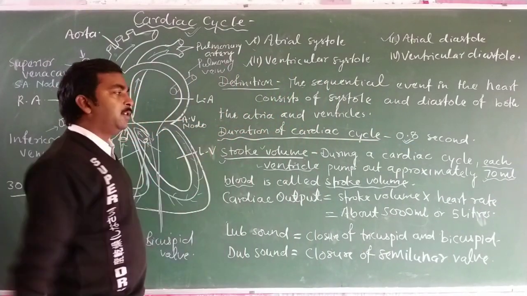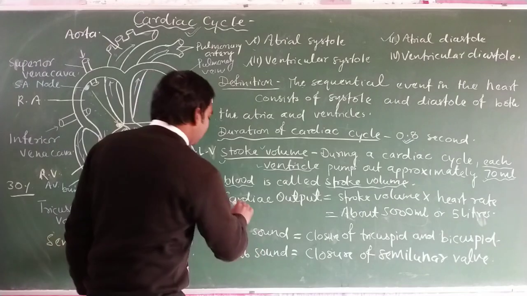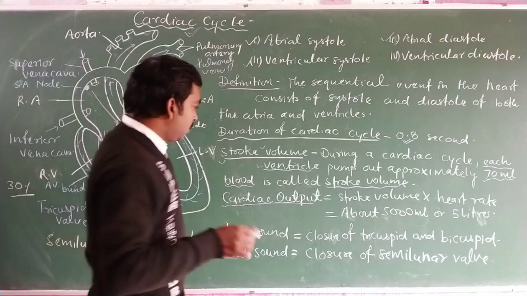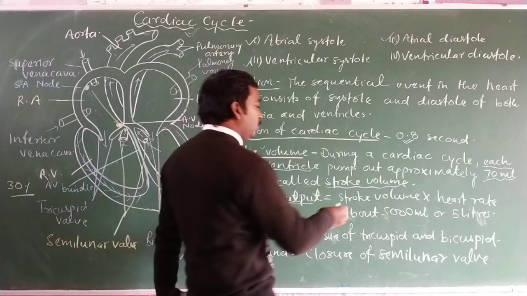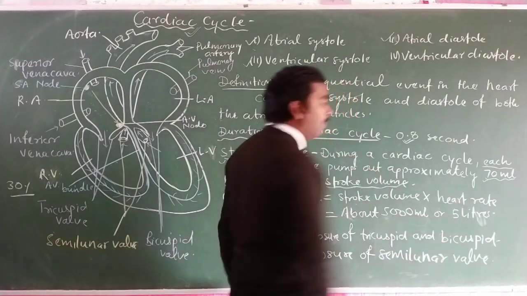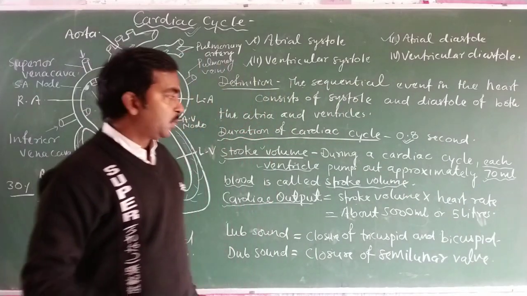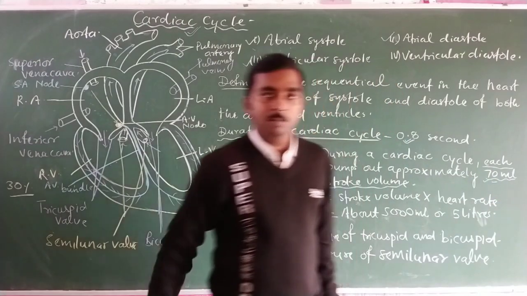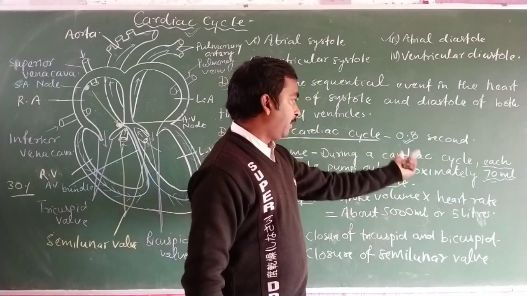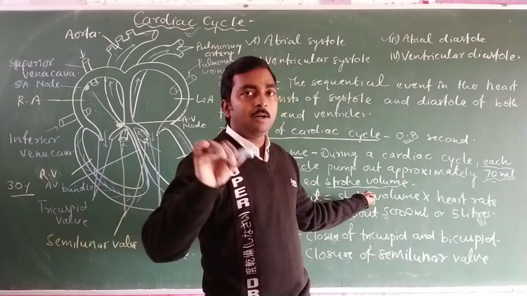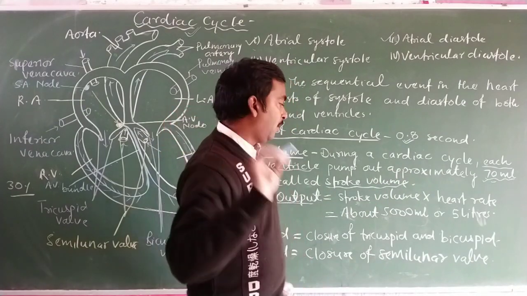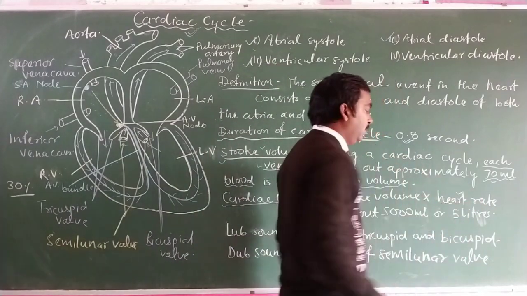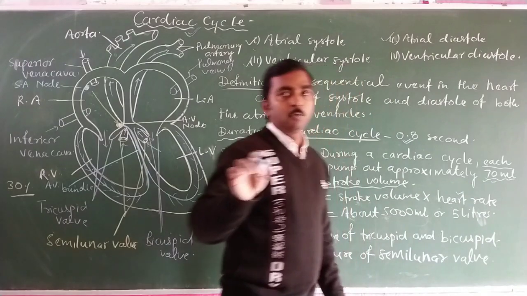Related to the stroke volume, we can also consider another output, which is known as cardiac output. Cardiac output is equal to the stroke volume multiplied by the heart rate. The stroke volume for a normal healthy person is 70 ml, while the heartbeat rate is 72 times per minute.